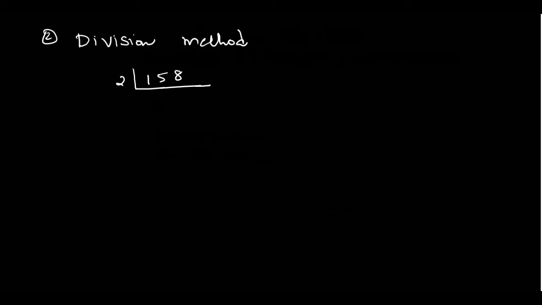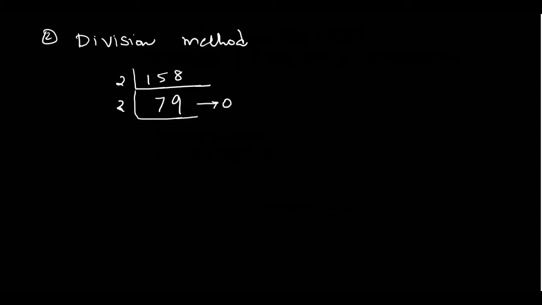So what will we get? 79, right? 79. What is the remainder? Remainder is 0 because it's exactly divisible by 2.